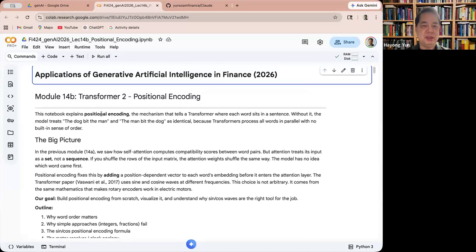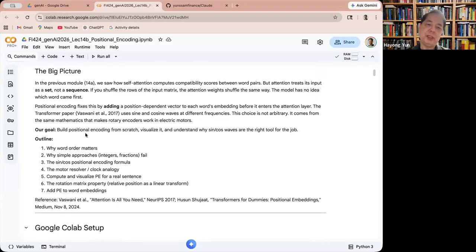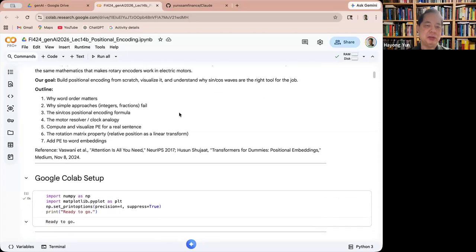So the goal is to build positional encoding from scratch, visualize it, and understand why the sine and cosine waves are the right tools for the job. I'll show you why the order matters, and why simple approaches, like just tagging integers, where the first word is one, the second one is two, will not be ideal.